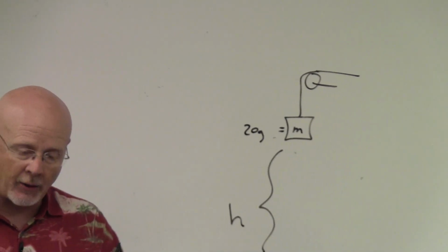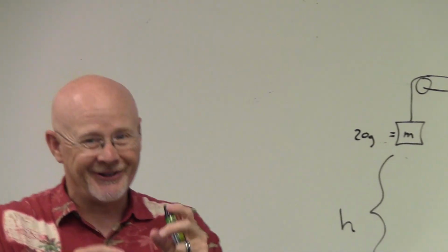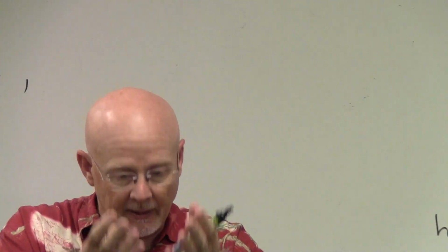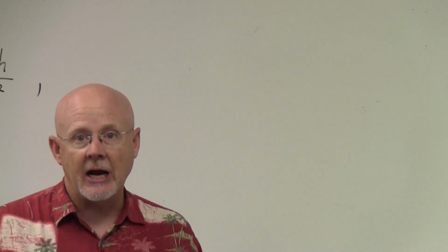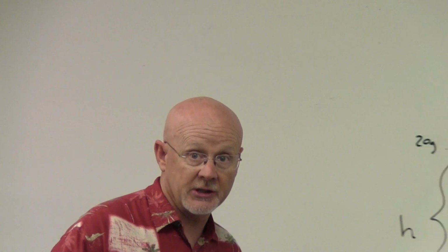And I should call that now the translational acceleration of that object going down, because that object translates. That object doesn't rotate. Now we're going to get to the rotating object in just a moment, but this first step really has nothing to do with chapter 8, but it's needed, as you'll see.